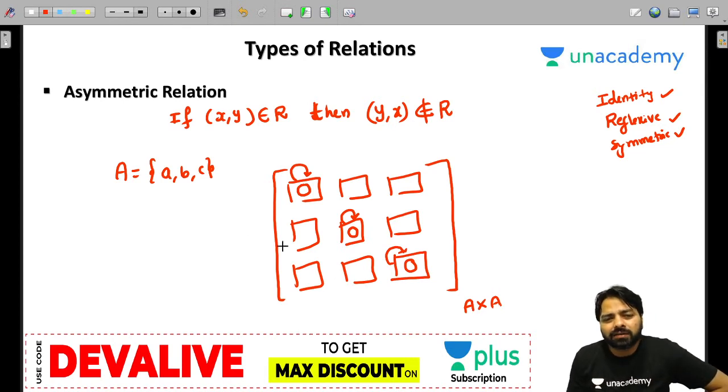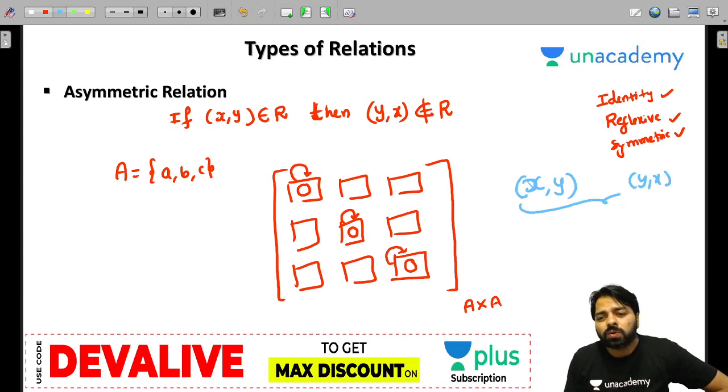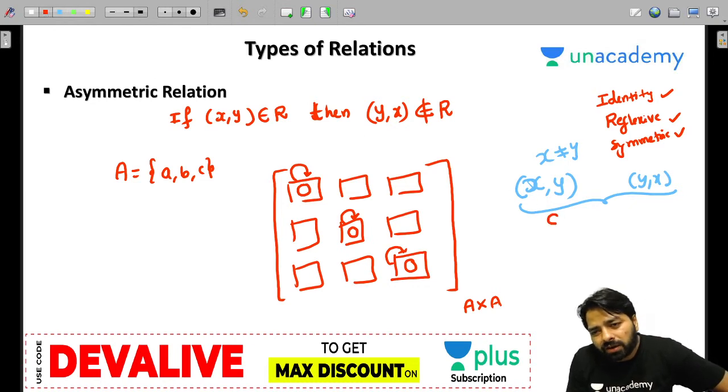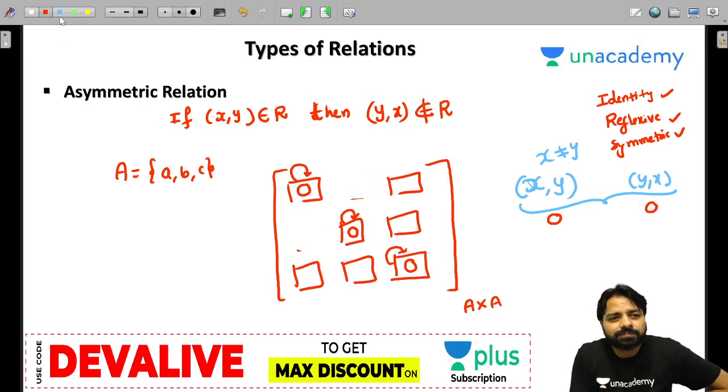And for the remaining, let's see how many choices there are. Not 2, 3 choices you will have. I am talking about (x, y) and (y, x), and also I am applying x not equal to y, because x equal to y we understood. If (x, y) is not present and (y, x) is not present, it's fine. It is possible.